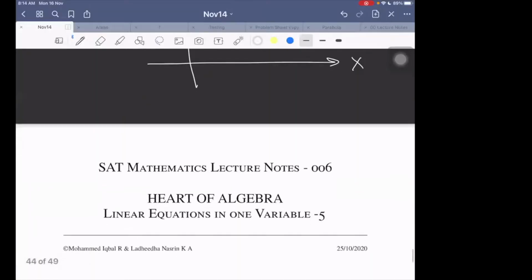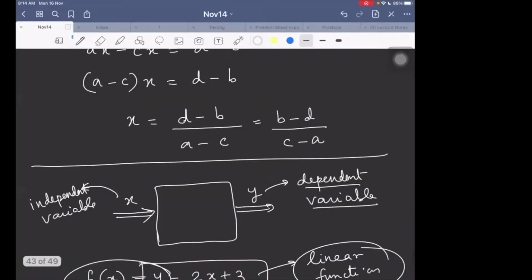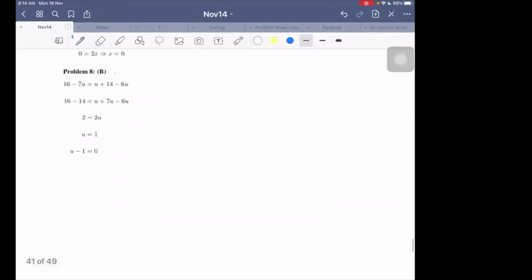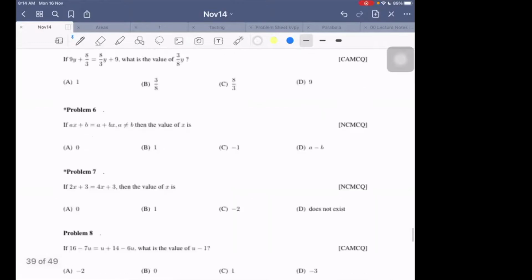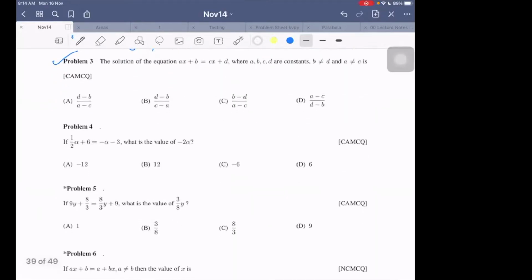So let's get back to this. Our next question, number 4. If half alpha plus 6 is equal to minus alpha minus 3, what is the value of minus 2 alpha?